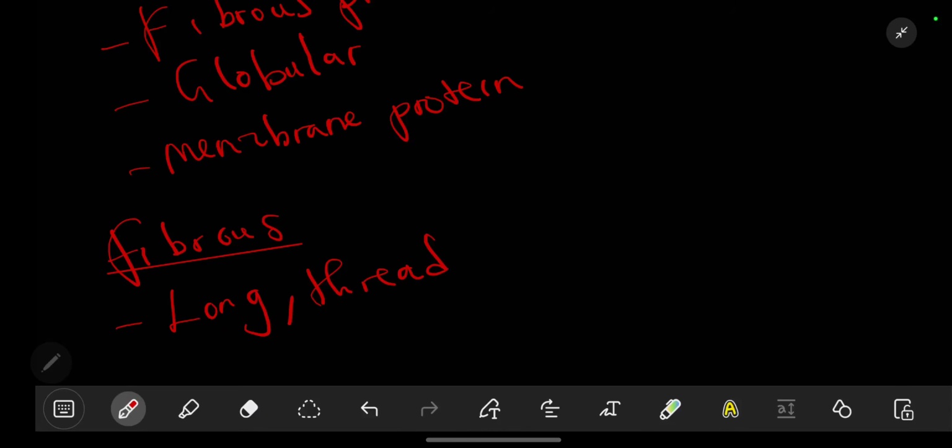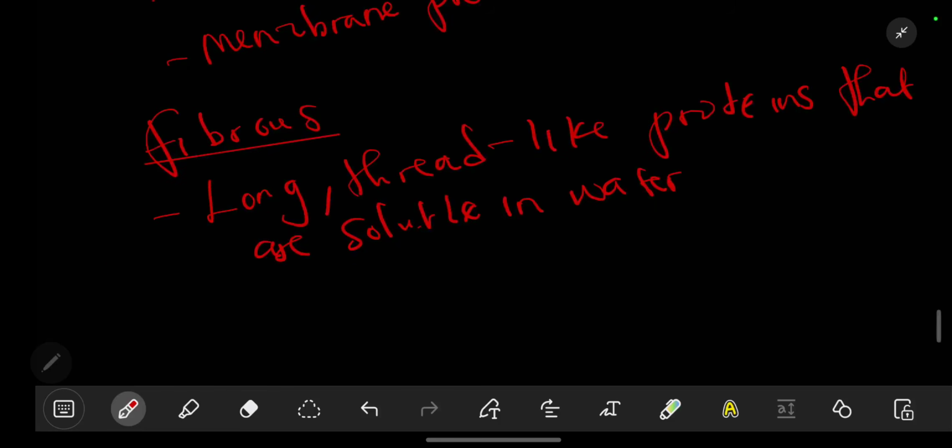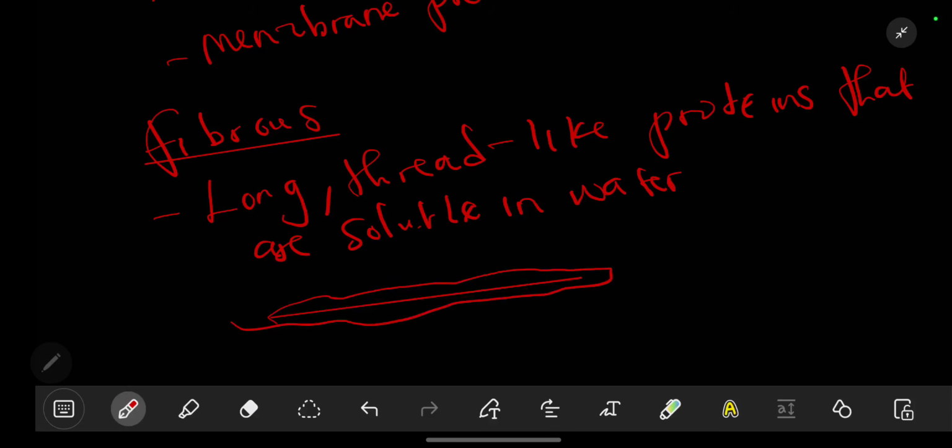Now if you look at a fiber itself, you expect a fiber to be strong, for it to withstand tension and all that.